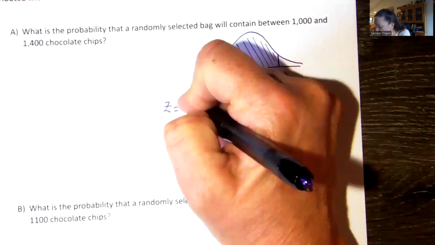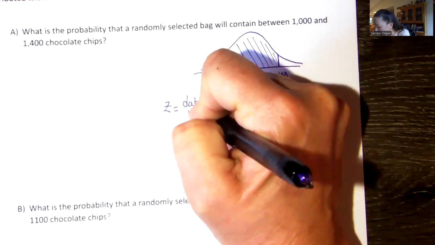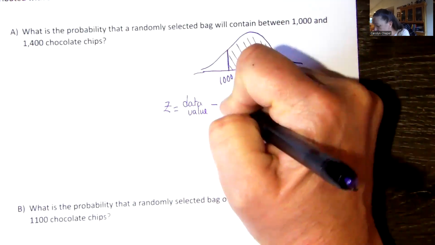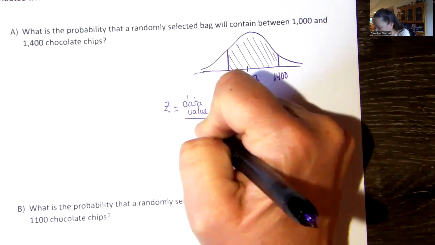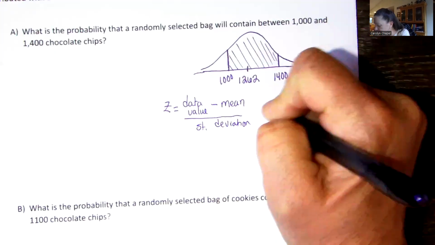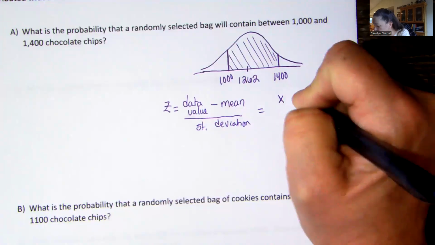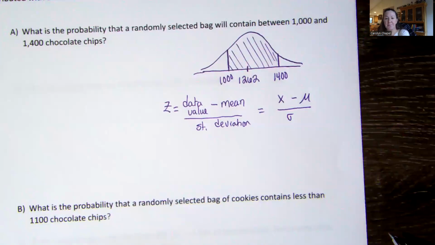So again, to remind you of the formula, and I'm writing it in words. I'll write it in symbols as well. It's your x minus your mean all over your standard deviation.